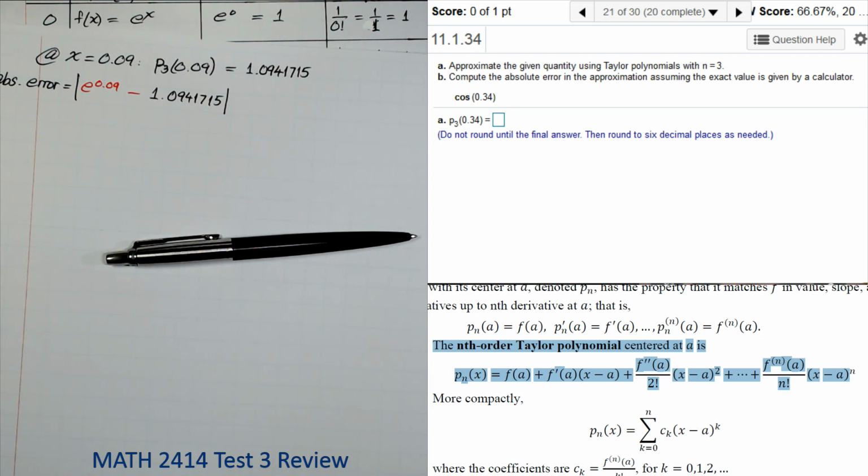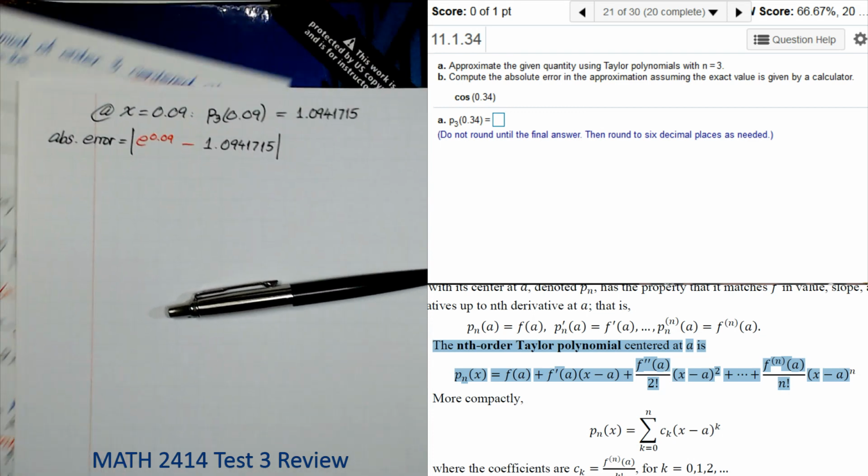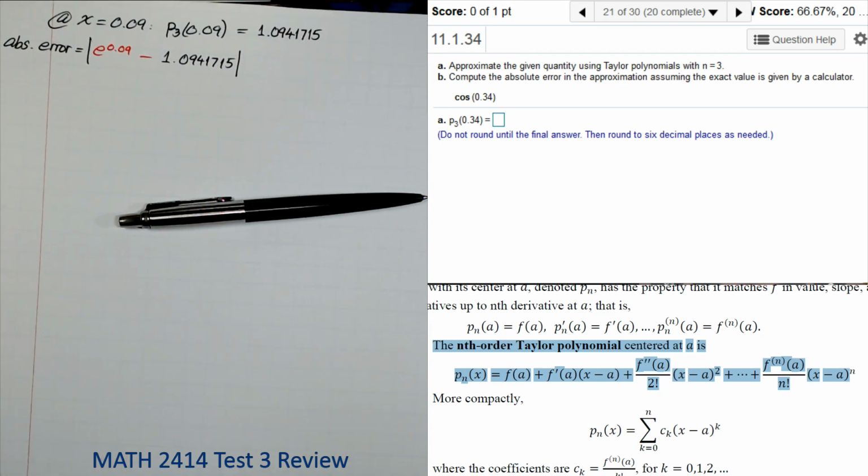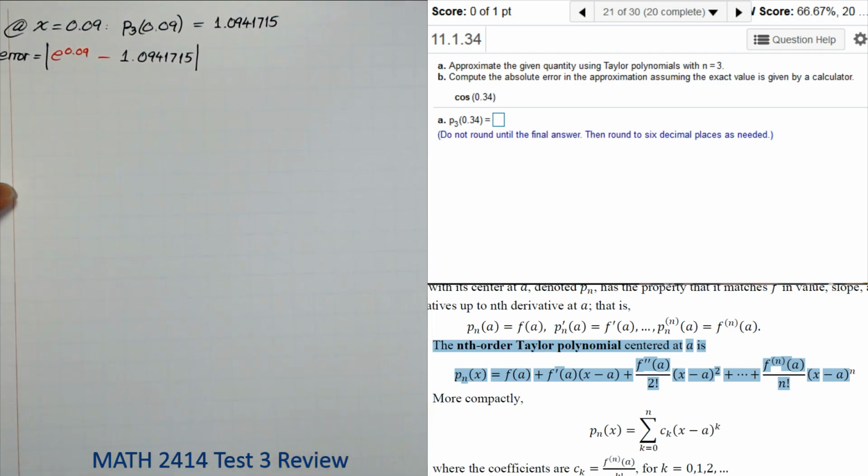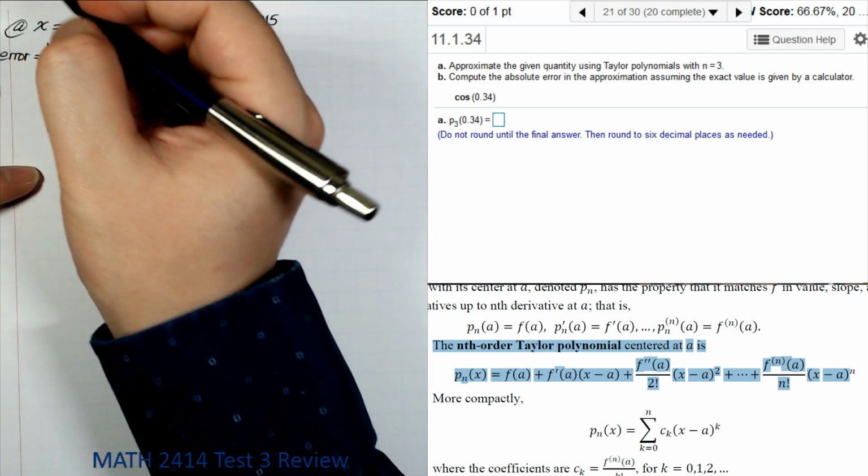Right, same thing, but this time we have cosine.